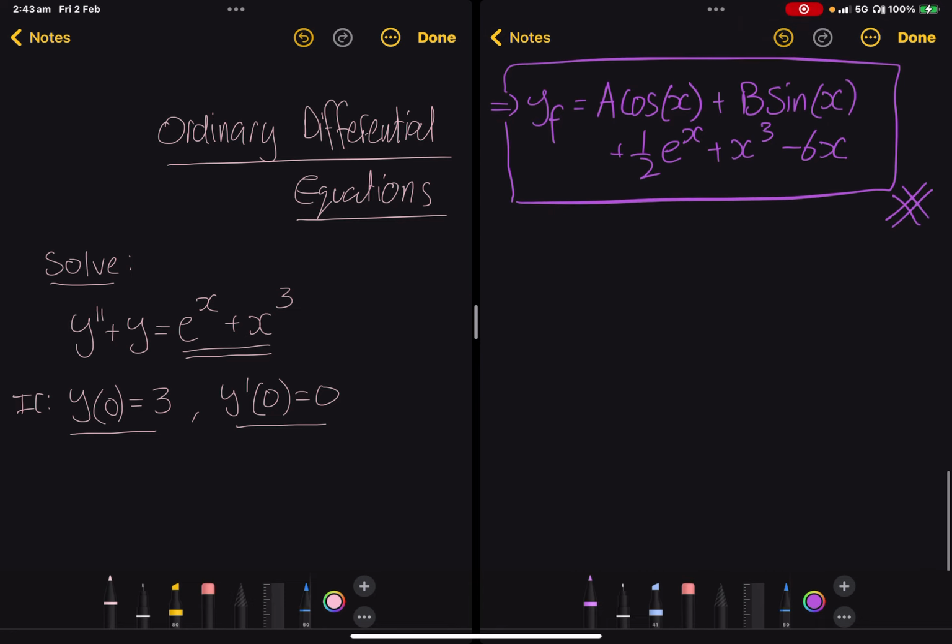So we've got to find the first derivative here, and then evaluate the function and the first derivative at the initial conditions. So let's evaluate the function at this initial condition first, then do the derivative and evaluate the second one. So we have y of 0 equals 3.